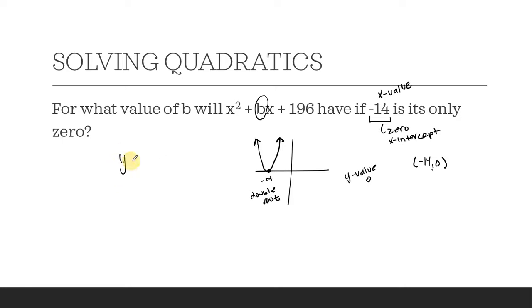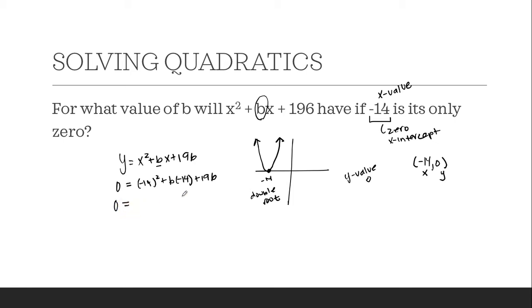If my equation is y equals x squared plus bx plus 196, what can I do with this x and y value here to figure out b? Plug it in, plug it in. So I'm going to plug in 0 for y and negative 14 for x, and solve for b.